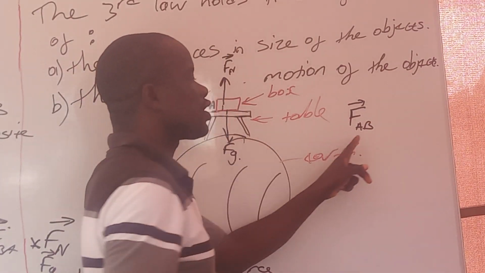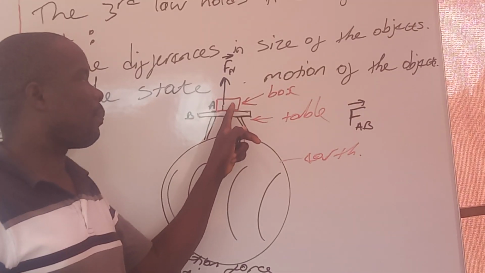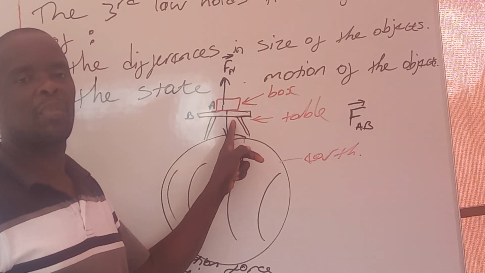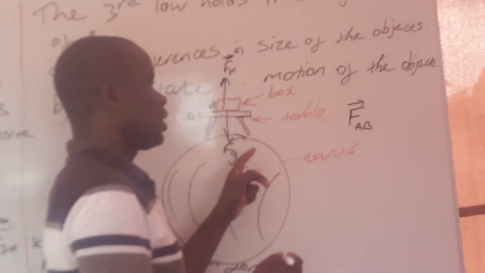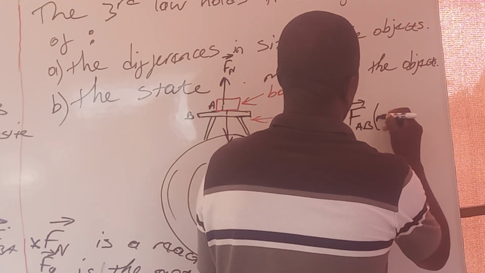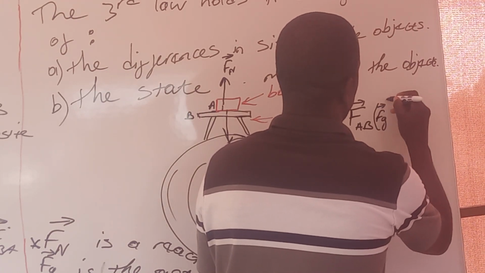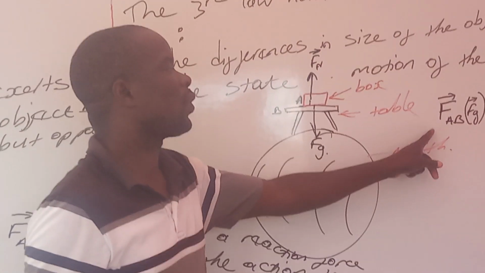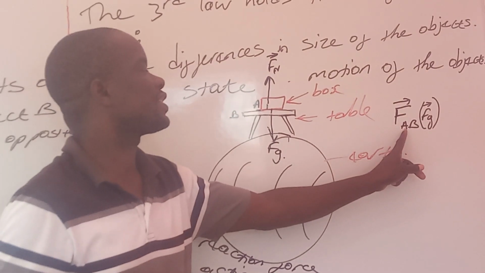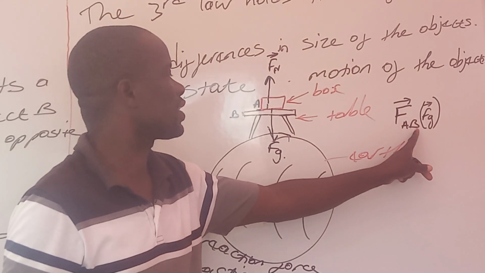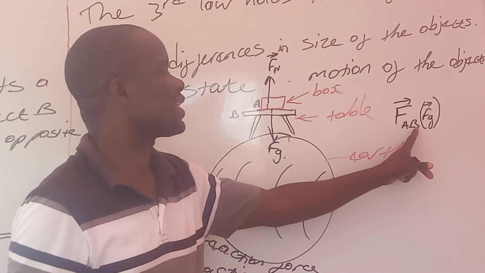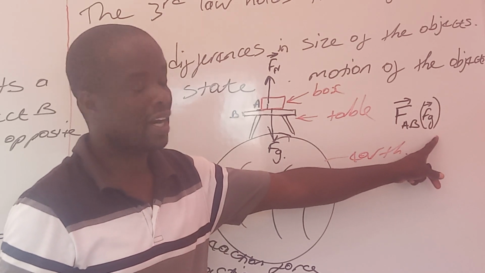What name do we give to this force? The force that the box is exerting on the table, we've got a name for it. This is our force of gravity.